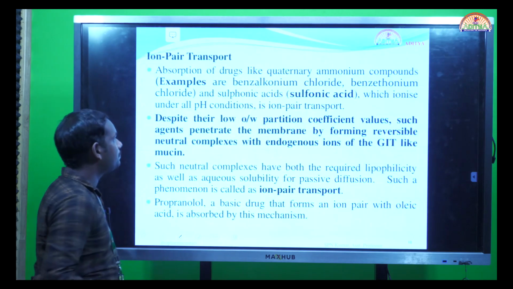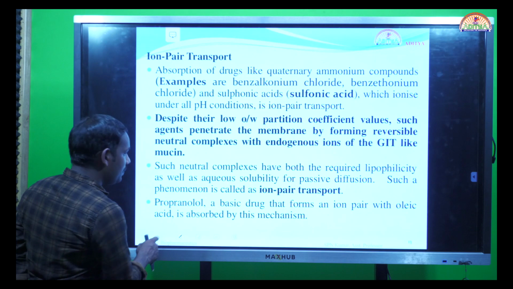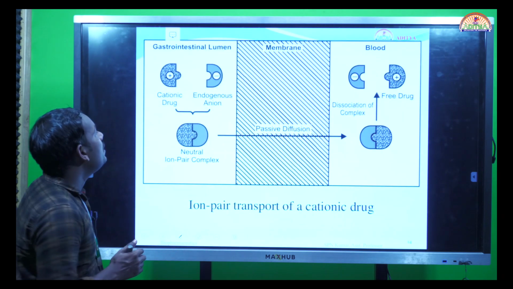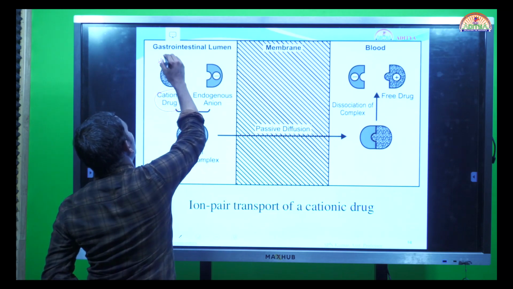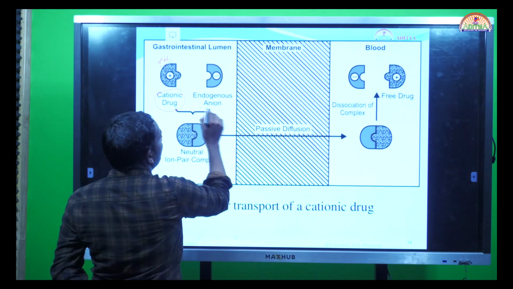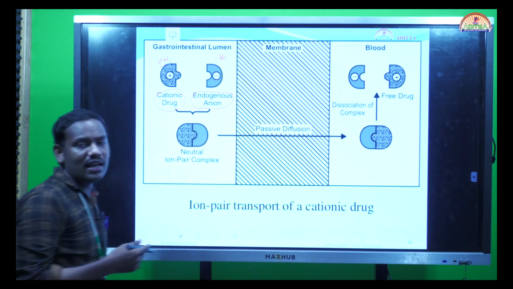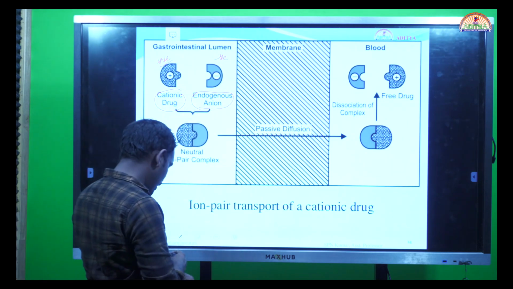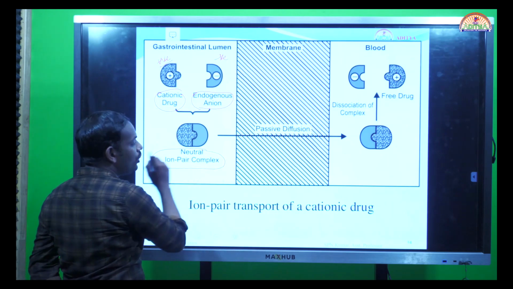Next, what is ion pair transport? We'll see a diagram, then you can understand it better. So this is ion pair transport. For example, there is a drug which is positive in nature, its charge is positive, and there is a carrier whose charge is negative. We know that unlike poles attract each other, so the positive and negative poles are going to attract each other and form a neutral ion pair complex.